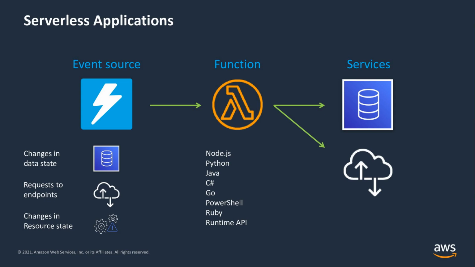So there's no direct invocation of functions from outside of the Lambda service. The main purpose of Lambda functions is to process events. These events can be changes in data state, like say an Aurora or DynamoDB database, or requests to API Gateway endpoints, or even changes in resource state. When a function is triggered by an event, this is called an invocation.